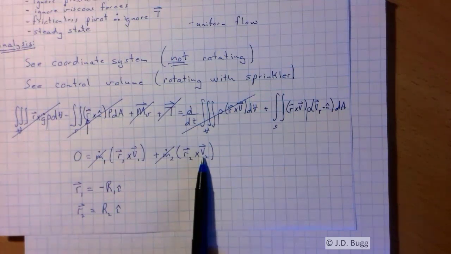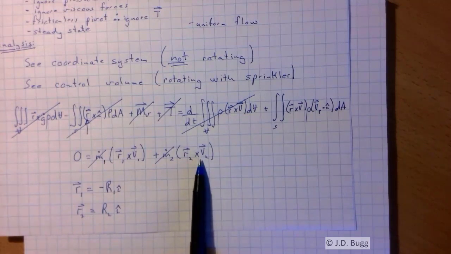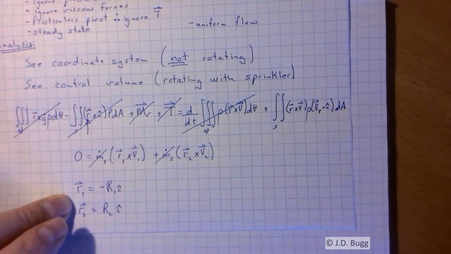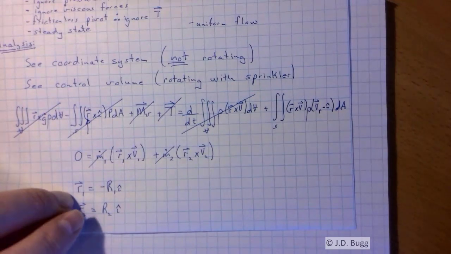Not relative to the nozzle, which is moving, relative to the coordinate system, which is stationary, which is glued to the ground. So if you're standing beside this lawn sprinkler, it's the velocity you would measure if you stuck your finger in that jet of water, or stuck an instrument that measured velocity in that jet of water, because you're standing on the ground. So velocity relative to the ground.